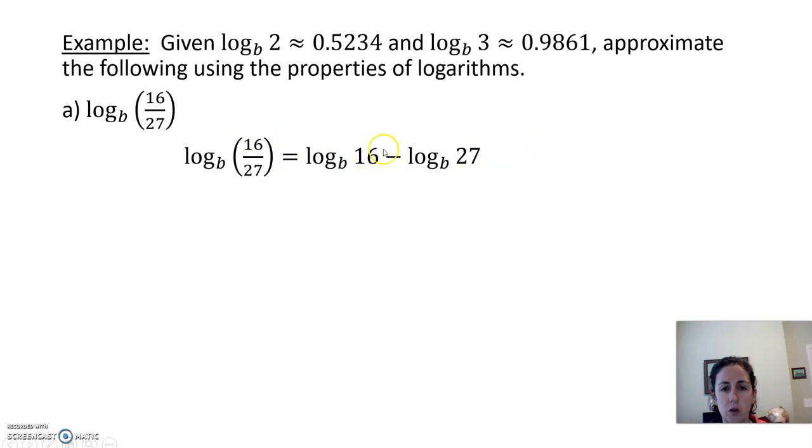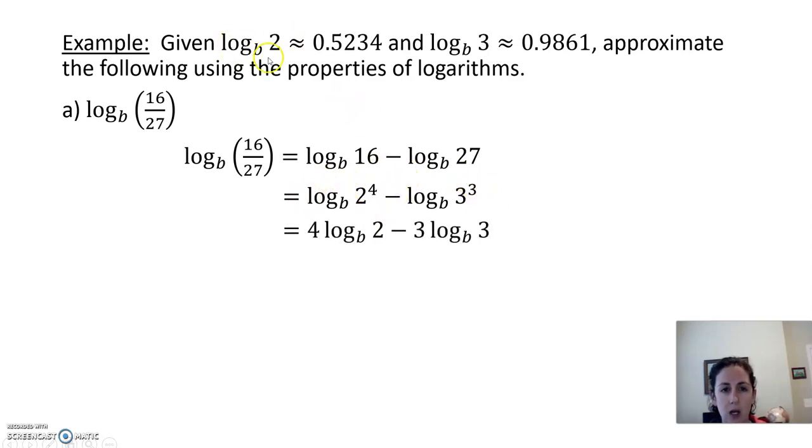Now, let's turn 16 and 27 in terms of 2's and 3's. 16 is 2 to the 4th. 27 is 3 to the 3rd. Now, what you're taking the logarithm of is being raised to a power. You can bring that power out front. And once you have log base b of 2 by itself, just like this, you can do that substitution.